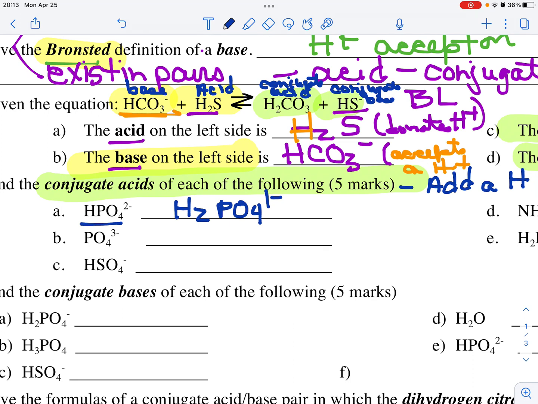Next, let's do B, PO4 3-. Let's add one hydrogen. Oh, look, it becomes this one. How interesting. Now, let's add a hydrogen to HSO4-, and we'll get H2SO4, sulfuric acid.